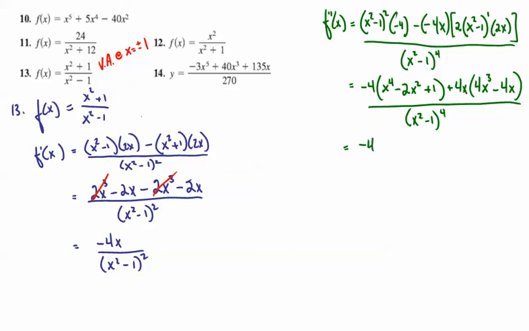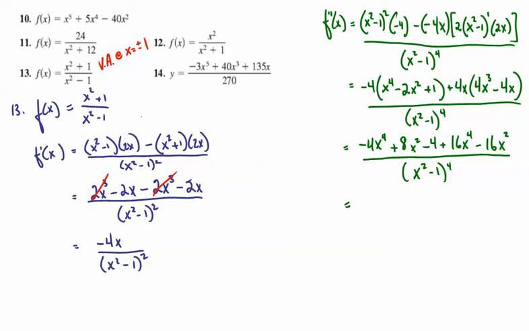Multiplying out, negative 4x to the fourth plus 8x squared minus 4 plus 4x to the fourth power minus 16x squared over x squared minus 1 to the fourth. Now we can combine. Sorry, above we should have 16x to the fourth power, since we had 4x times 4x to the third power.